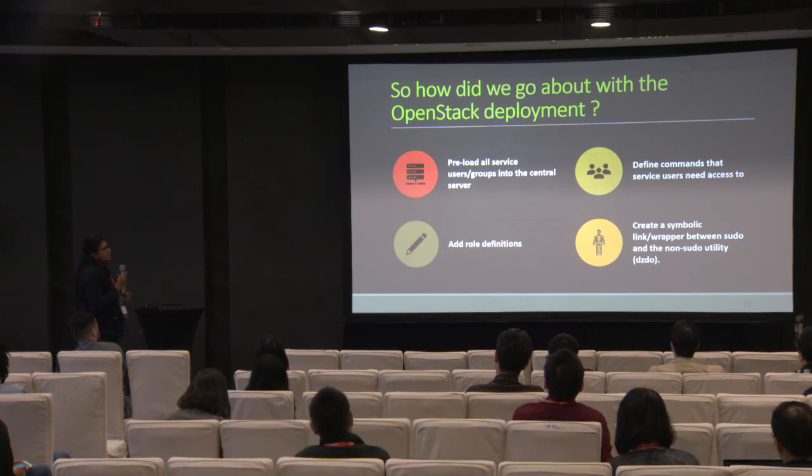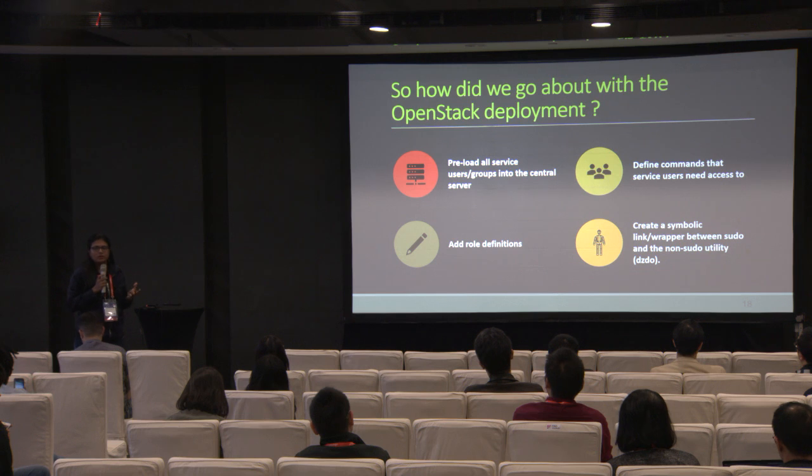So the way we went ahead was that we first preloaded all the services and groups into the Centrify central server. The first challenge was to figure out all the different users and the user group relationship with respect to OpenStack. Nova is just one service.